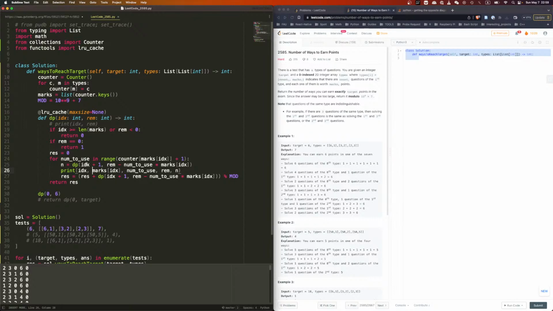Oh, I do this one first. That's why it doesn't make any sense. Anyway, so we are indexed at 2. Say index at 2. Marks as 3. Num to use is a 0. That gives us 0, it's correct. Okay, index at 2. Mark is 3. Okay, I just need to know mark. Okay, mark is 3.